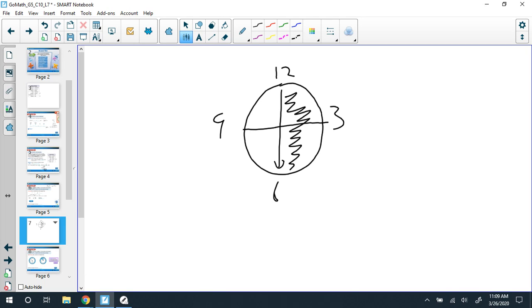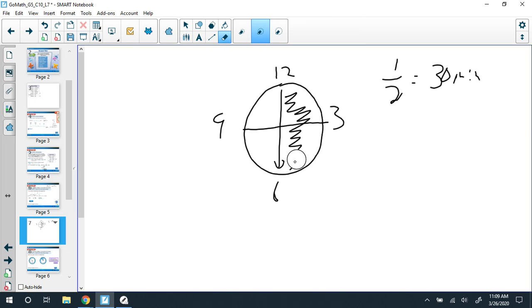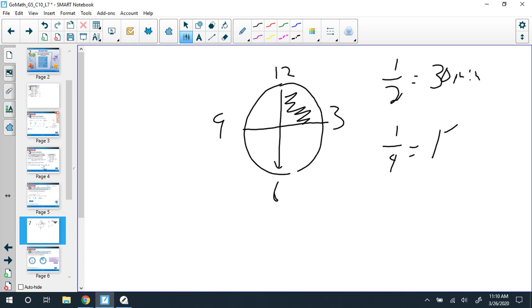If our minute hand is pointing at the 6, then we have had 30 minutes elapse. If we are only talking about 1/4 of an hour, which you'll hear people talk about sometimes, that is actually 15 minutes.